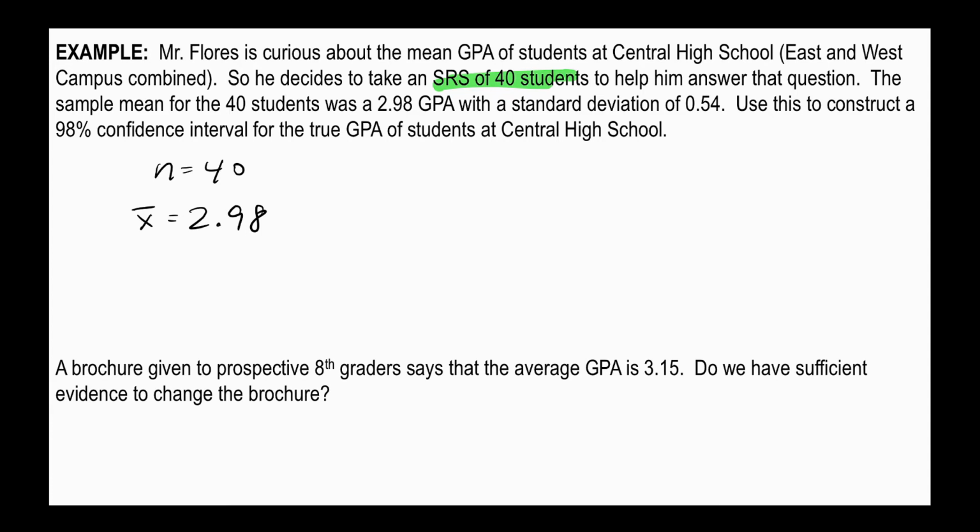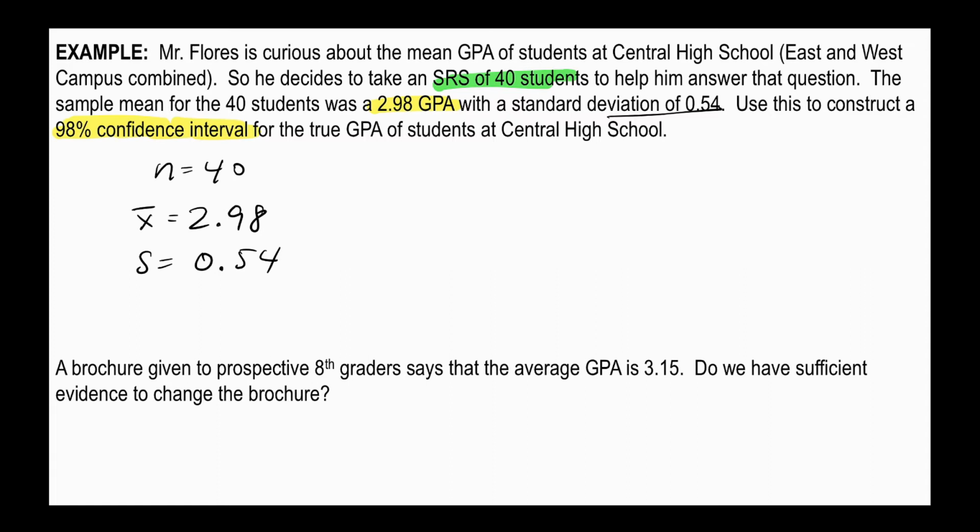Keep going. 98% confidence interval. That's definitely important. And then standard deviation of 0.54. What symbol is that? The sigma or the s? Sample standard deviation. Good. That's definitely important as well. Anything else important? There are 2 more things that are important. One thing's on there, one thing's not.